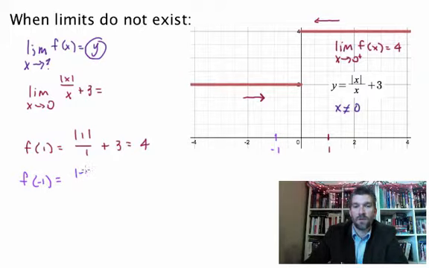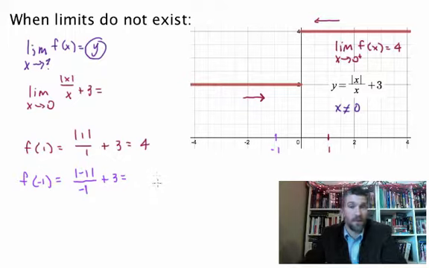It's going to look like the absolute value of -1 divided by -1 plus 3. Well, absolute value is always positive because it's a distance, and a positive number divided by a negative number is negative. So we actually have here -1 plus 3, and that's a 2.